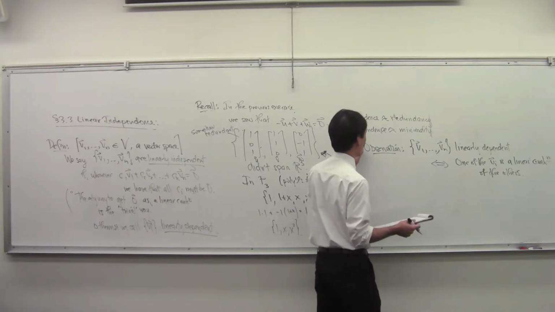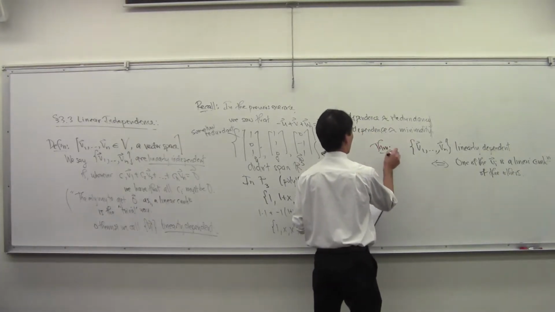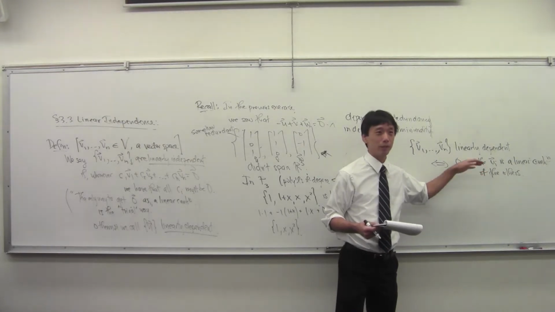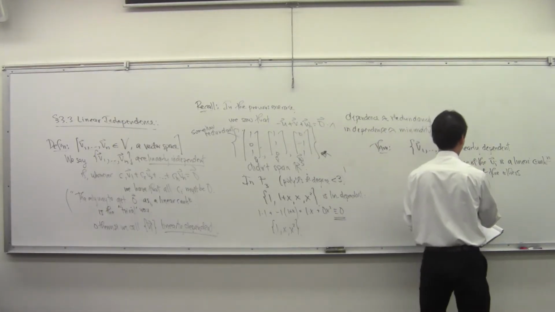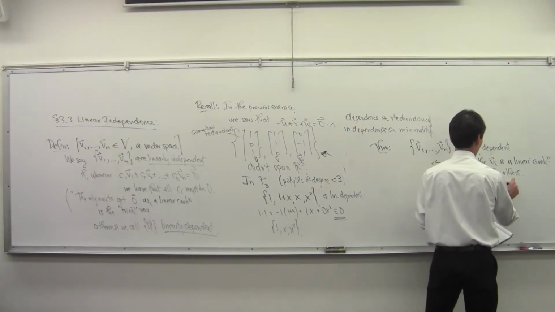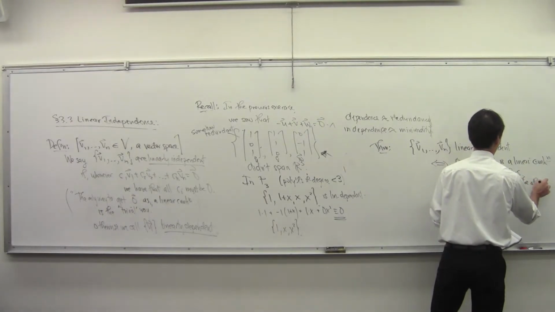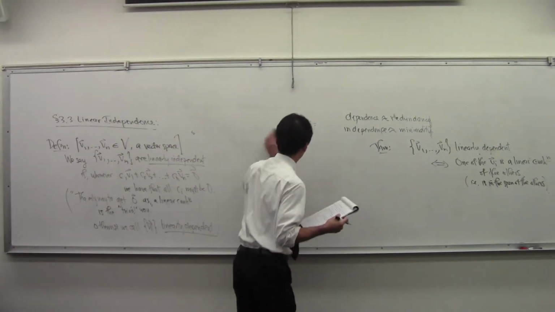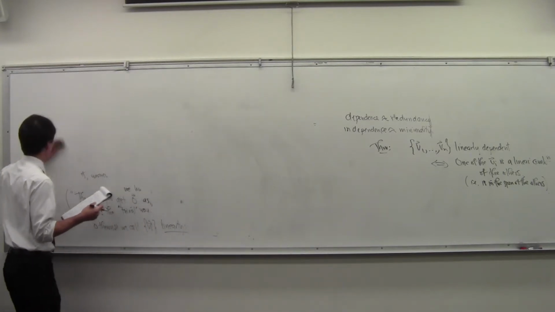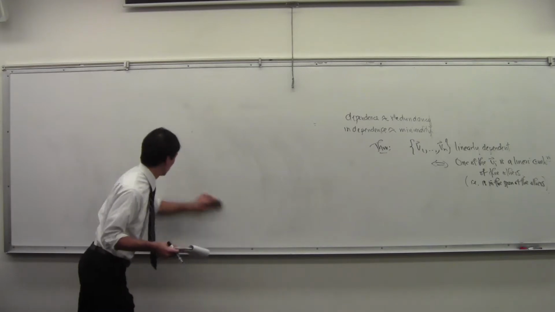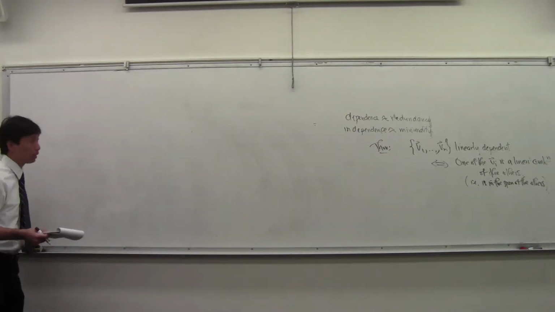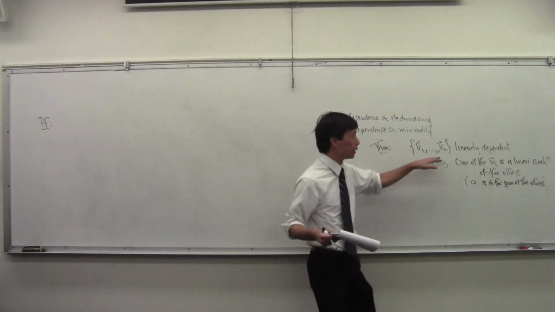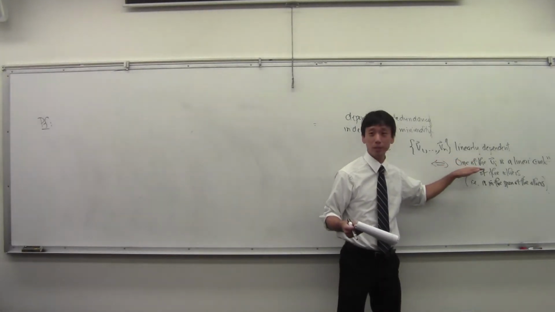Maybe we can call this a theorem: linear dependence is the same thing as saying that one of the vectors is a linear combination of the others, in other words, is in the span of the others.